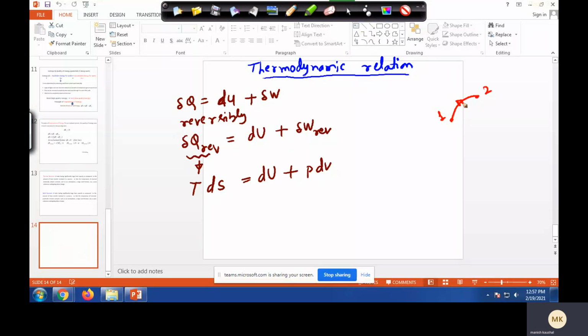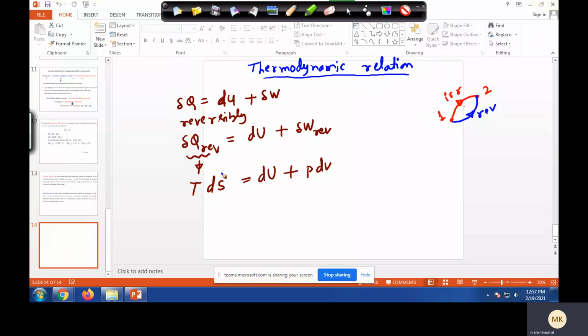you can go irreversibly also. But if I want to know the properties, or change in properties, then I have to go through a reversible path. So I can always go from 1 to 2 through a reversible path.